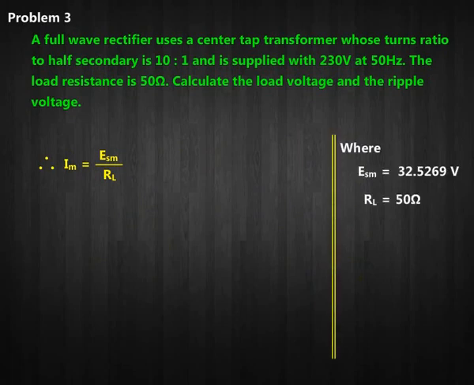Substitute the ESM and RL values in the above equation and find the IM value. Therefore, IM is equal to 0.6505 amps.